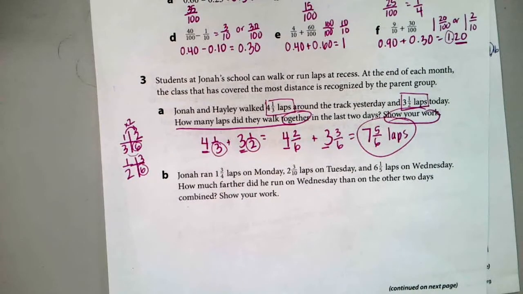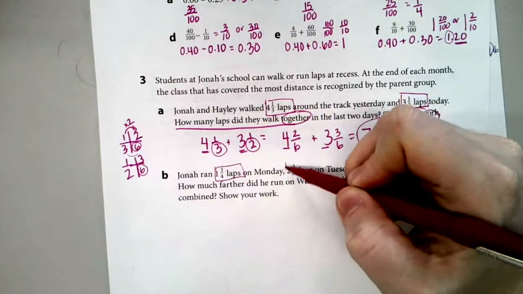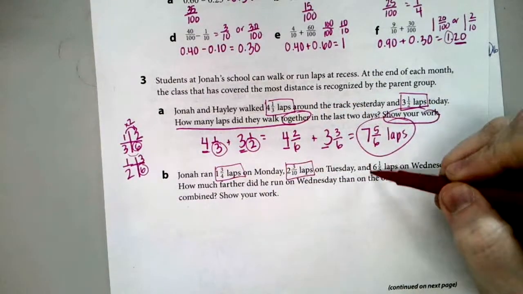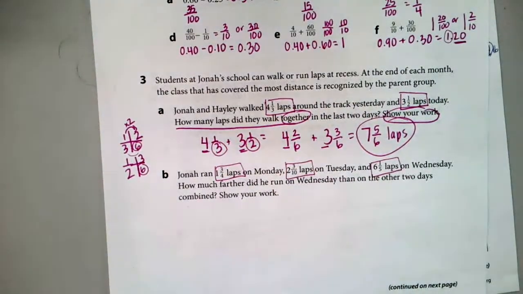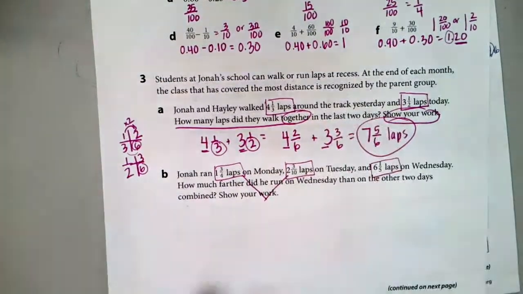All right. Letter B says Jonah ran 1 3/4 laps on Monday, 2 3/10 laps on Tuesday, 6 1/5 laps on Wednesday. How much farther did he run on Wednesday than the other 2 days combined? Show your work. So I need to combine the other 2 days right here.